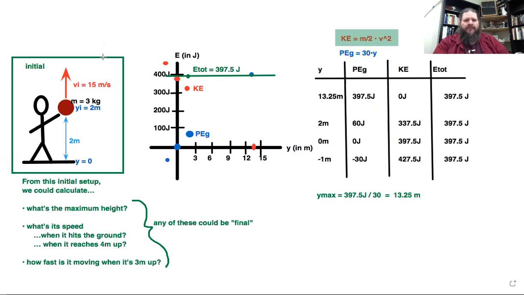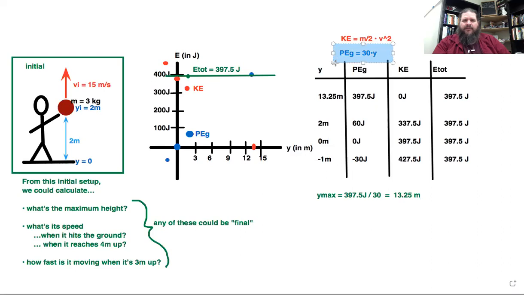What was our formula for, how are we calculating all these potential energy of gravity values in the first place? Where did we get those values? Like, how do we calculate the 60, the 0, the -30? Yeah, those are from mgy. That is, in this context, 30 times y.